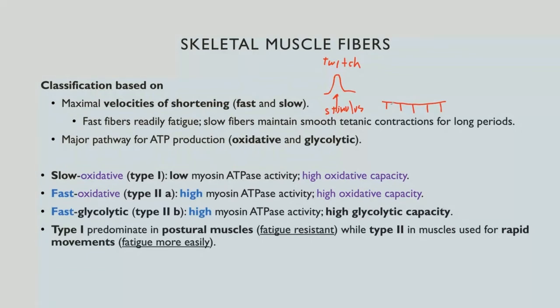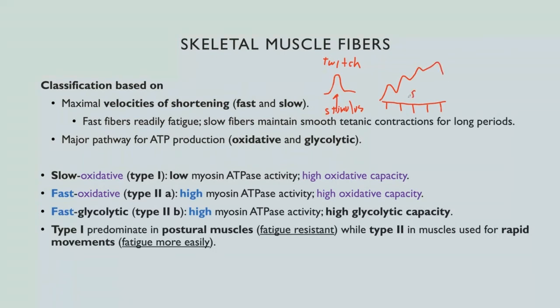Contraction and relaxation. But if we put the stimuli closer to each other, we are going to have a twitch, and when the muscle is starting to relax, there is another twitch. And when it starts to relax, there is another twitch. Starts relaxing, another twitch.